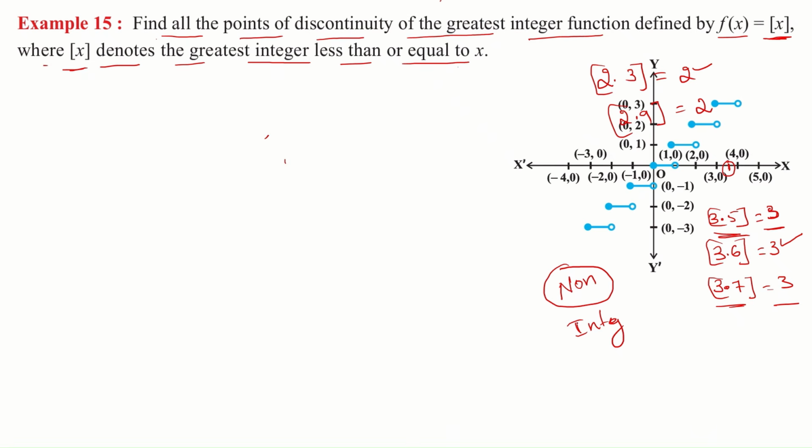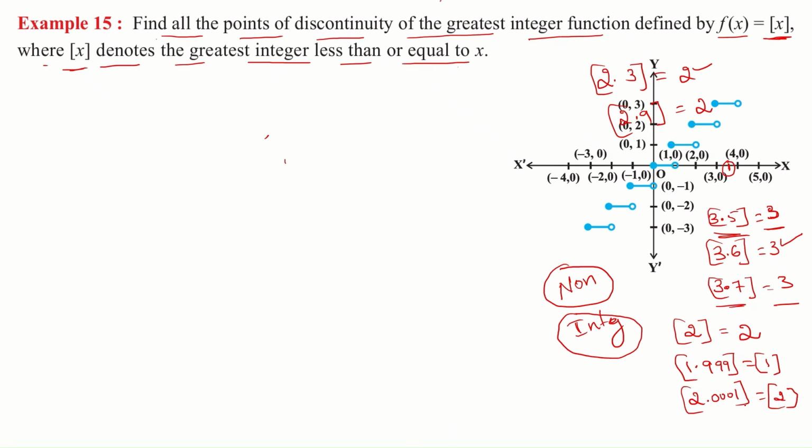Okay, now look at the integers. What is happening now? I will take one value to explain this: 2, an integer. What is the greatest integer function for 2? It is 2 itself. Now the left hand limit: the nearest value to the left of 2 is 1.99. The greatest integer function for 1.99 is 1. And for 2.0001, it is 2.